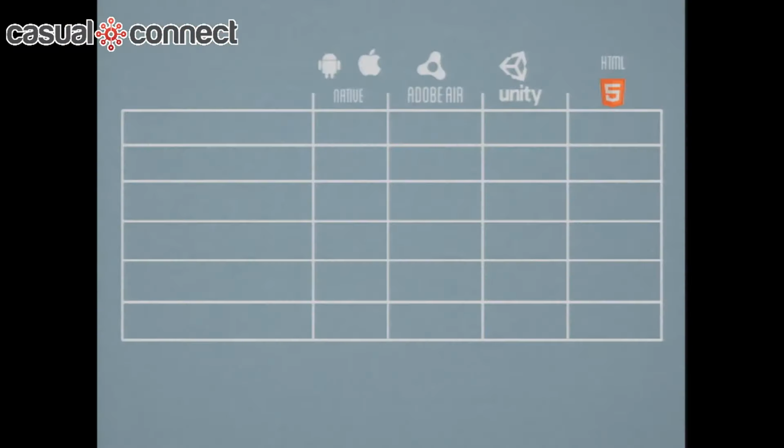So this is effectively my summary slide. I'm going to go through each of your main choices: native, Adobe Air, Unity, and HTML5. I know there are others. I would have loved to have gotten them in, but this is the bulk of the industry choice. So one is cross-platform. Each of the subsequent three are good at being cross-platform.